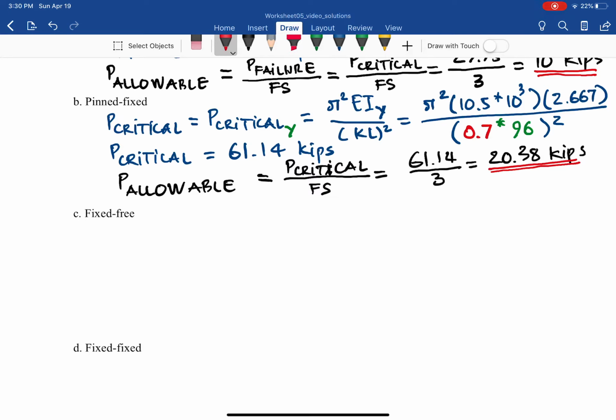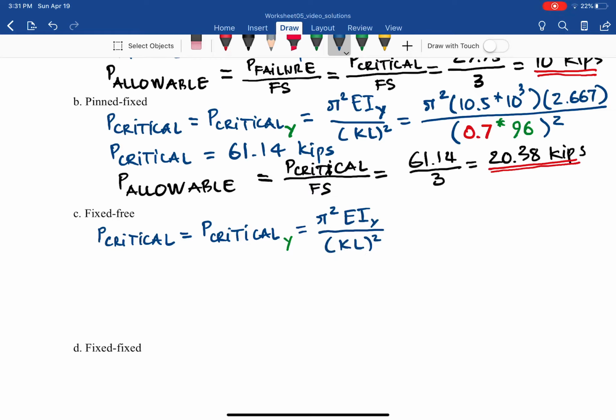So we do the same, P critical equal to also P critical in Y axis, and it equals pi squared E I_y over K L squared.